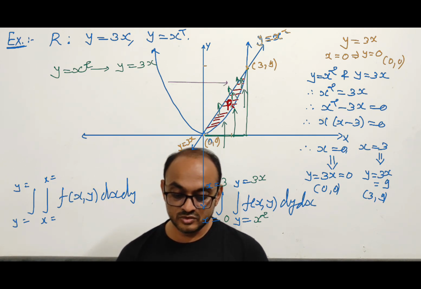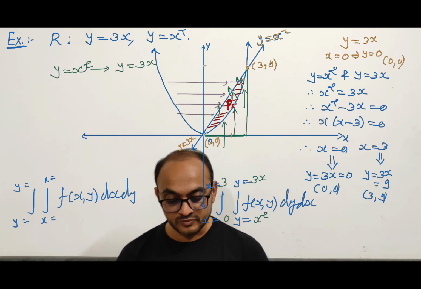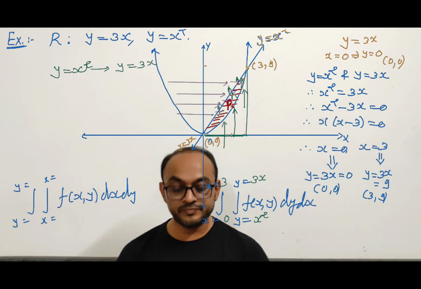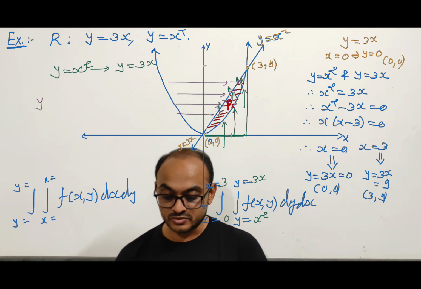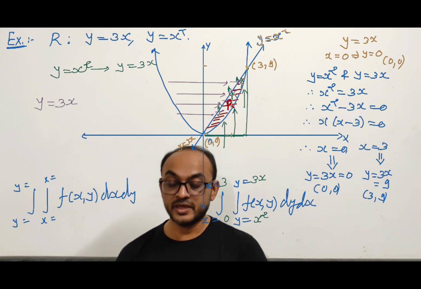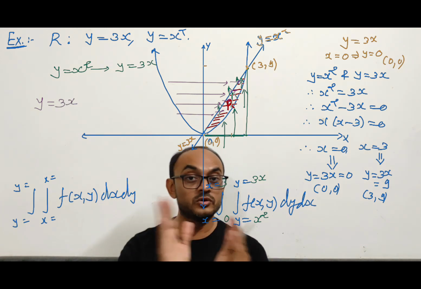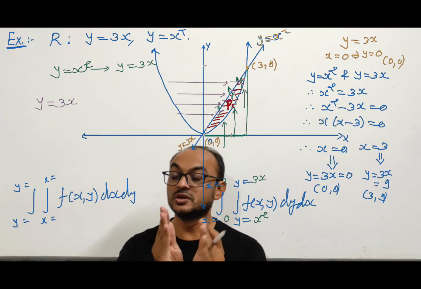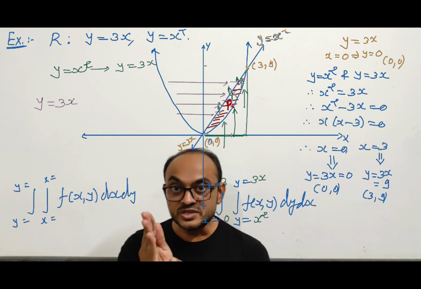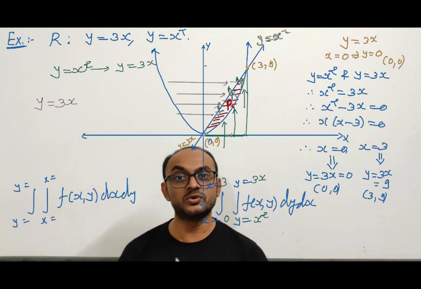We are moving towards the region and we are entering the region from this curve, and this curve is nothing but the line y is equal to 3x. Keep in mind, we always write first the equation of the curve. We don't worry what is the value of x, what is the value of y. We first choose which equation is for the entry and which equation is for the exit.